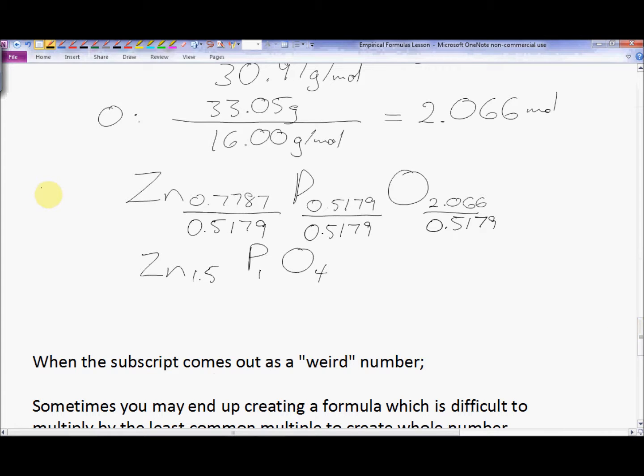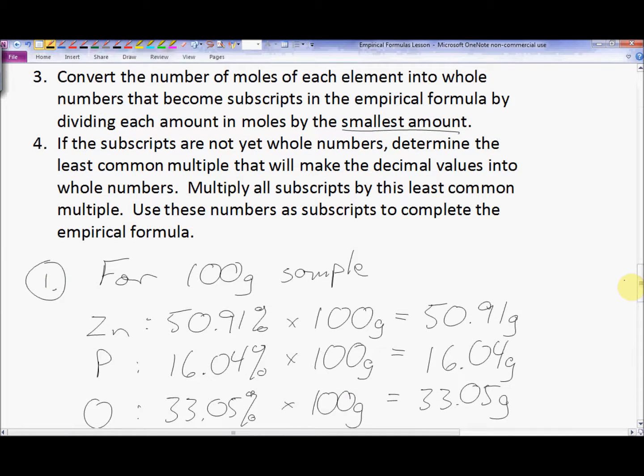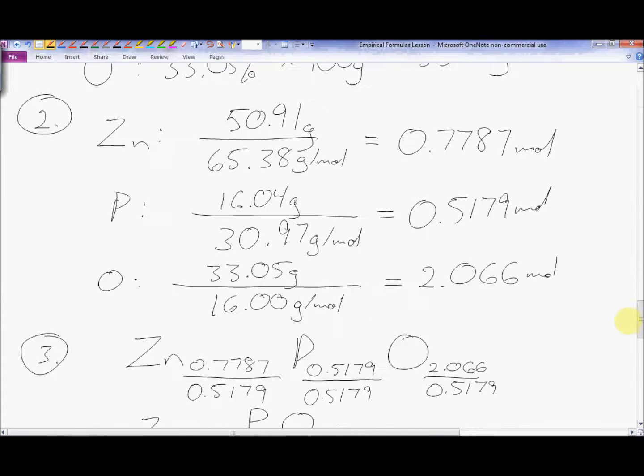Now we need to move on to step 4. If the subscripts are not yet whole numbers, and that's the case for us, determine the least common multiple that will make the decimal values into whole numbers. Multiply all subscripts by this least common multiple. Use these numbers as subscripts to complete the empirical formula. This is the most difficult part of this whole process because we've got 1.5 for zinc.